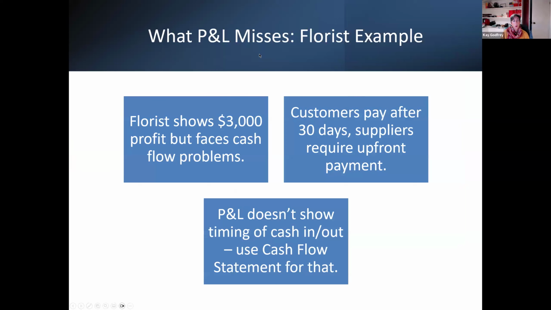So what the profit and loss misses. Let's give you an example of a florist. The florist shows $3,000 profit but faces cash flow problems. Customers pay after 30 days. Suppliers require upfront payment. So customers are not paying her till 30 days after she has supplied her product, but she's paying them straight away.